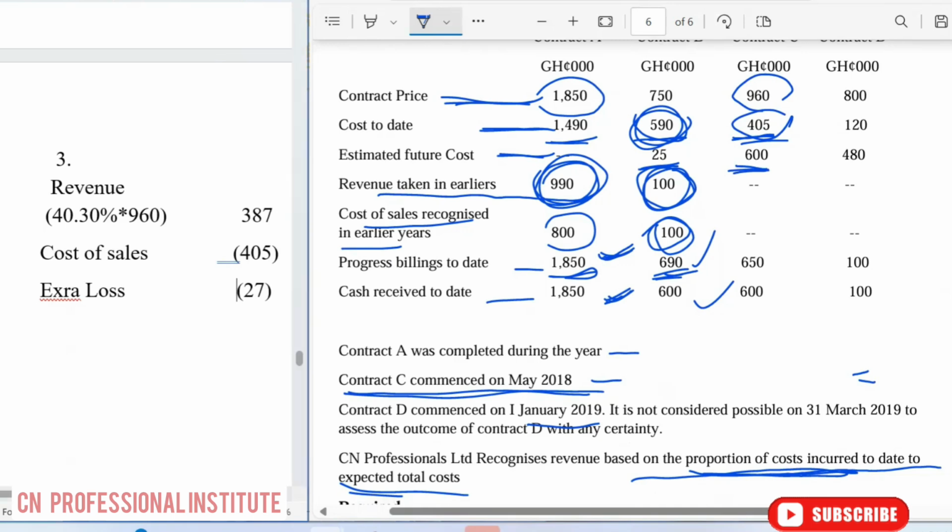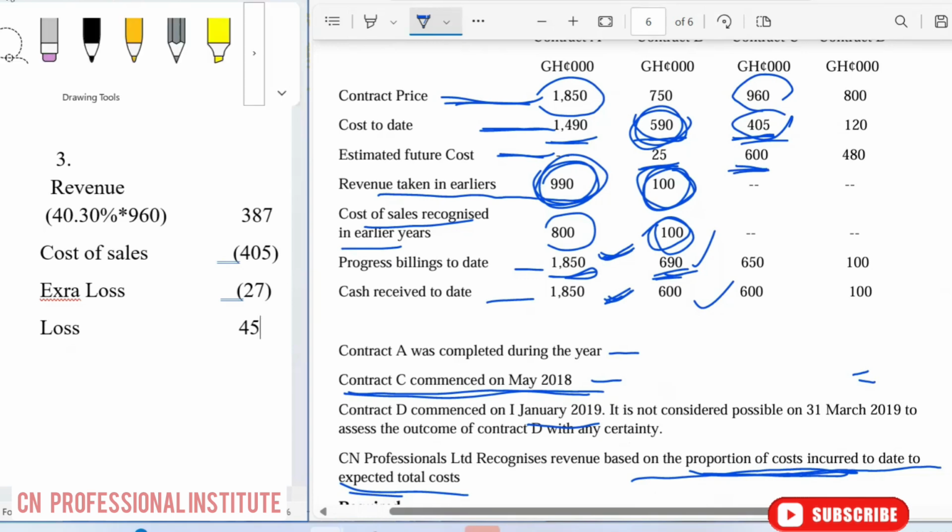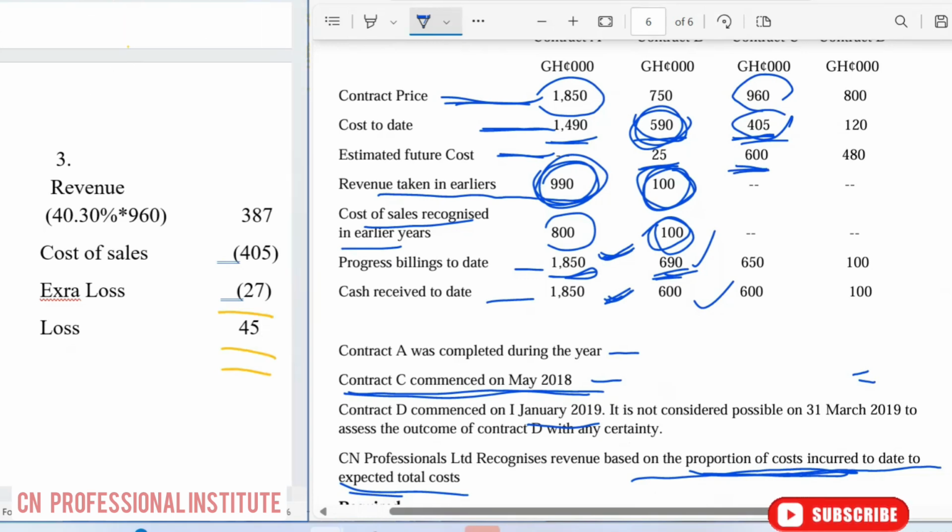So when we do it this way, we'll come and get what? The 45 loss. Are you following? So our loss will now be what? 45. So we have to record extra 27 loss so that the total loss will now be 45.